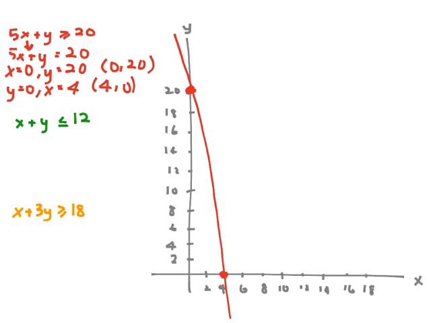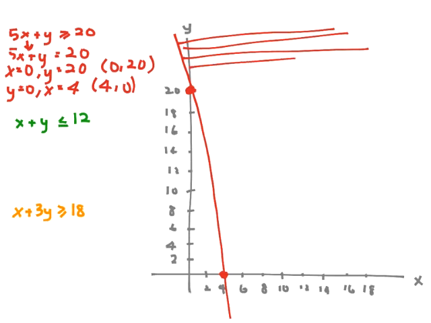Does it fulfill greater than or equal to 20? The x is 8, the y is 0, so 5 multiplied by 8 plus 0 gives 40. 40 is greater than 20, so the point (8, 0) fulfills the inequality. When it fulfills the inequality, this side will be our shaded area.